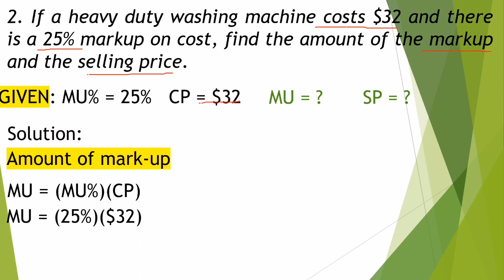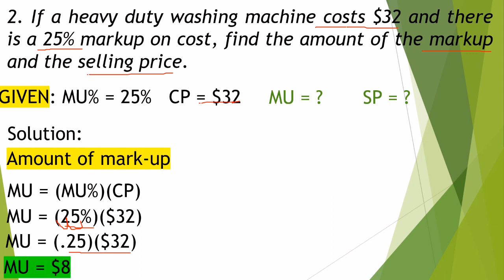Next, converting percent to decimal, we're going to move the decimal point twice to the left. So we have 1, 2. Therefore, we have now MU is equal to 0.25 or 0.25 times $32. And multiplying 0.25 times 32, we have MU is equal to $8.